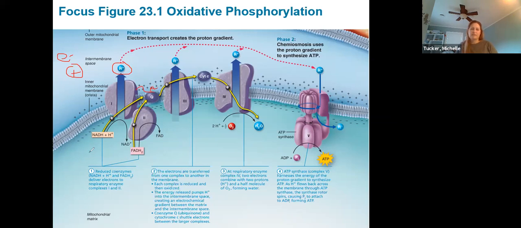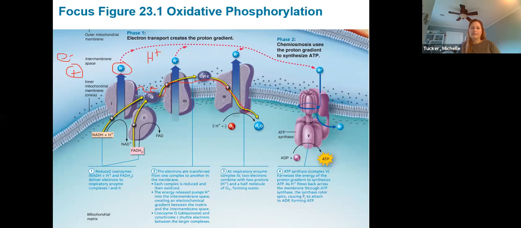Okay, so first NADH plus H and FADH2 drop off their hydrogen atoms to complexes 1 and 2. Then the hydrogen atoms get split into a hydrogen ion and an electron. Then the electrons are going to get transferred from 3 to 4.